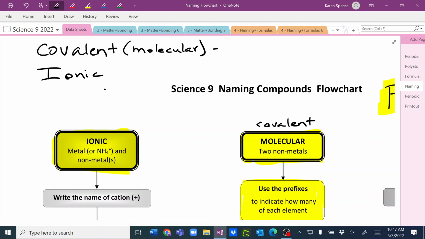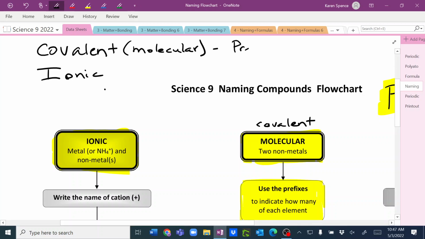Mono is 1, 2 is di, 3 is tri, 4 is tetra, 5 is penta. These are pretty much the same as the ones you learn in math for polygons. So if I had to write beside covalent, would I say prefixes or no prefixes?